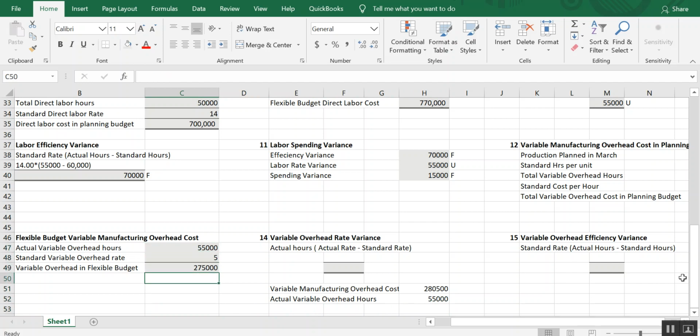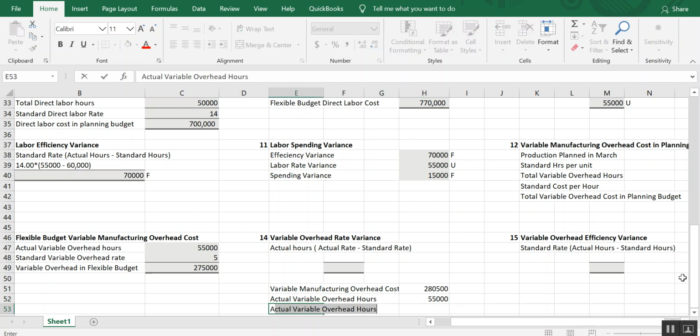So this is the 55,000 actual variable hours. In order to get this actual rate that they ask us to look at, we need to calculate it. We do the variable manufacturing overhead cost, that's what we actually spent, divided by the actual variable overhead hours, and we get an actual variable overhead rate.